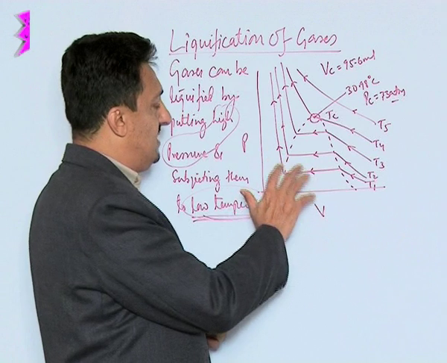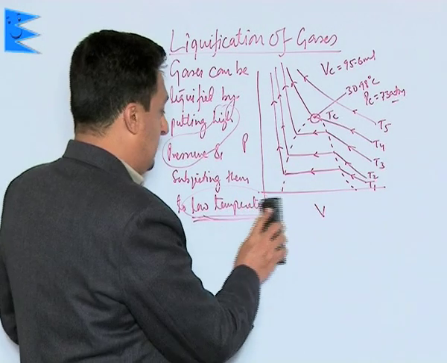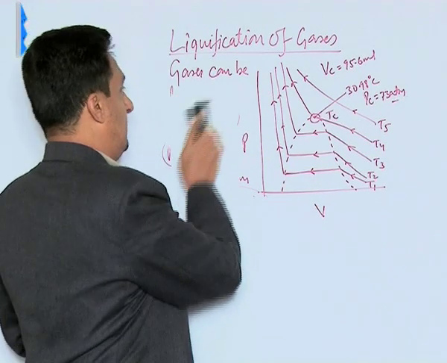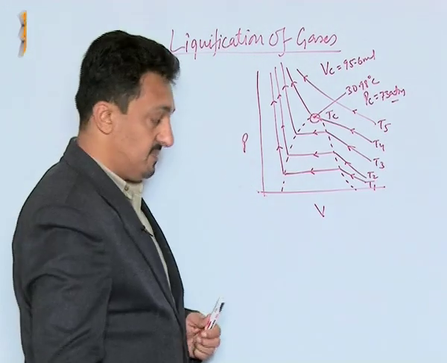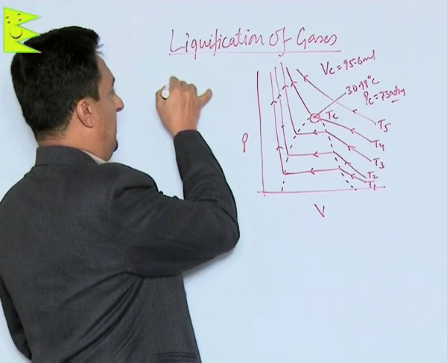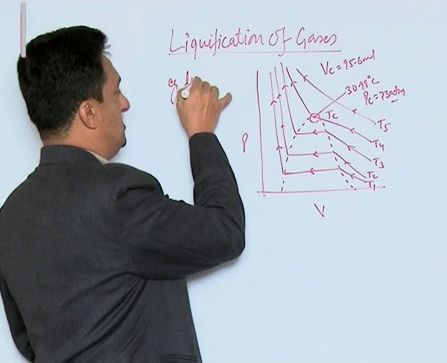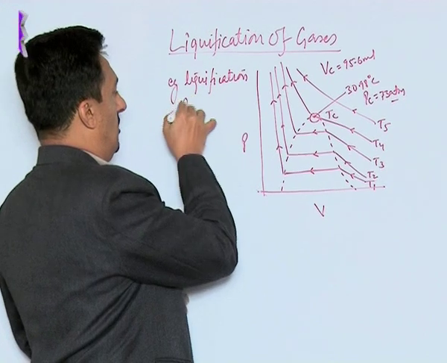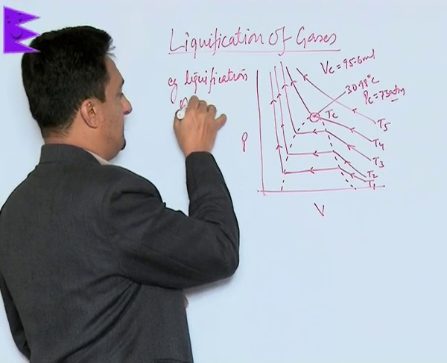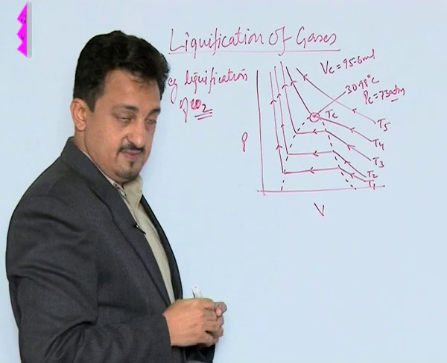Now this is the normal isotherm graph we have for the liquefaction of CO2 gas, carbon dioxide.